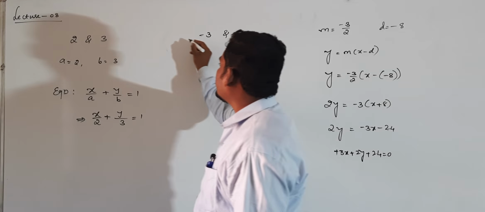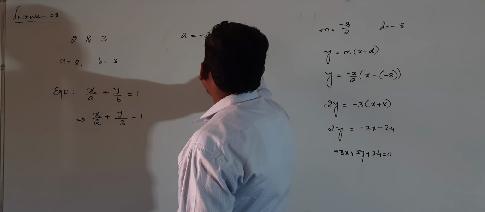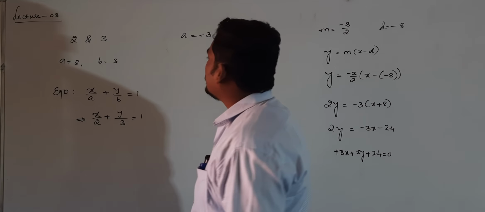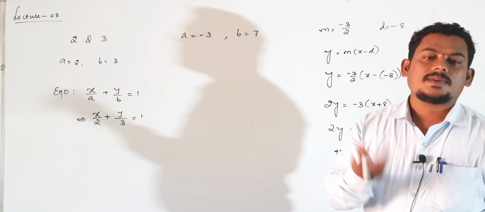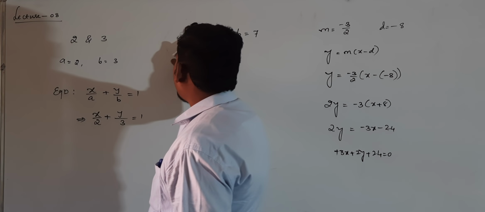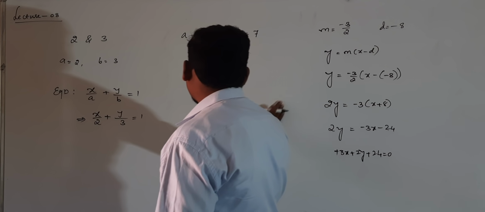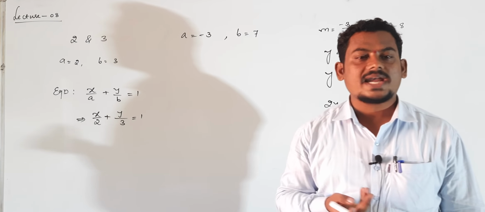Means x-intercept minus 3 and y-intercept plus 7, right? Standard notations, small a is x-intercept and small b is y-intercept. In this case also small a value and small b values are given. Small a and small b means x-intercept as well as y-intercept, right?